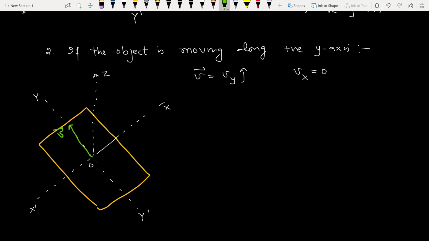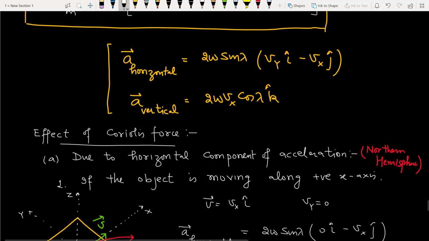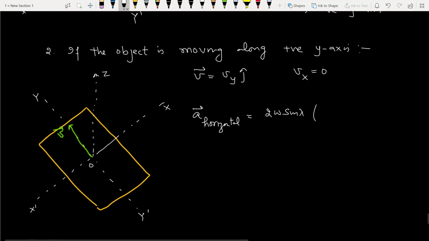Now we will see the horizontal acceleration. It is equal to 2 omega sine lambda (Vy i cap minus Vx j cap). So Vy i cap minus Vx, and the x component is 0 for the j cap.